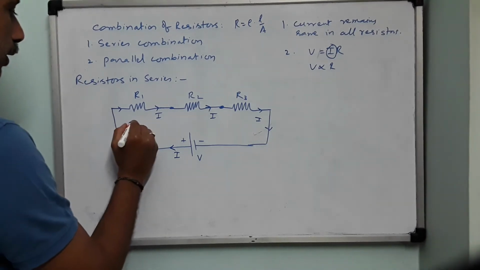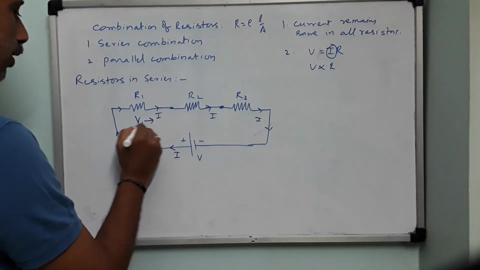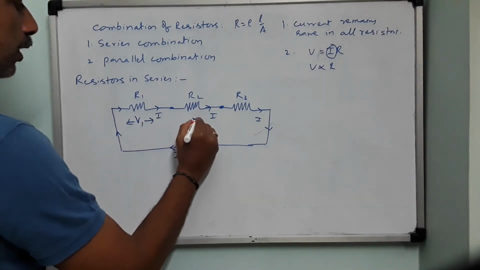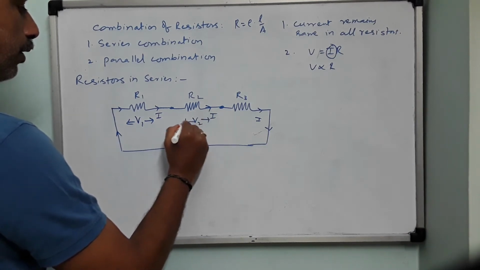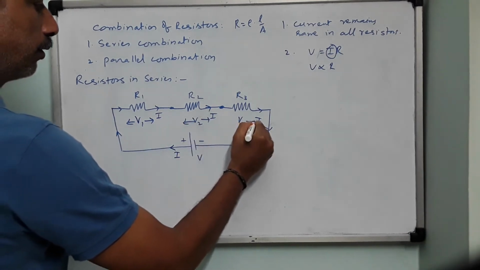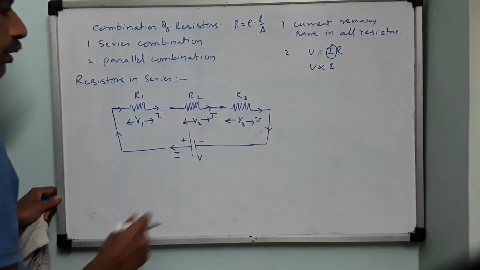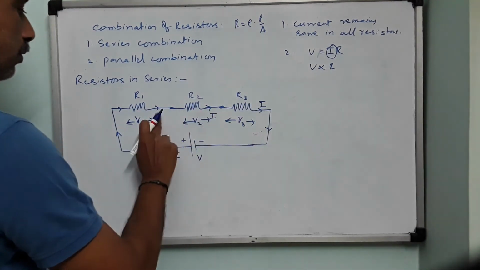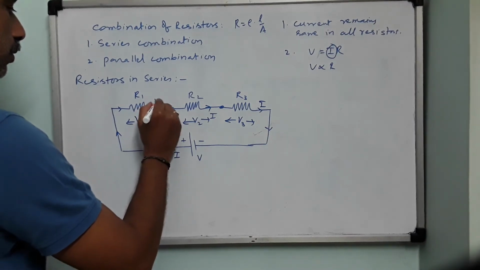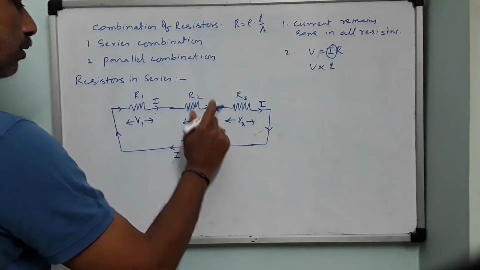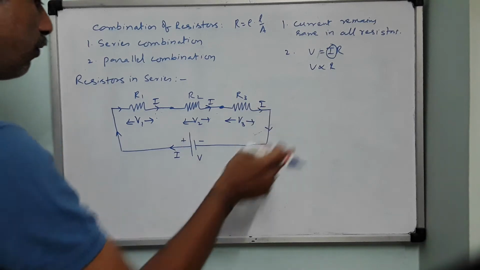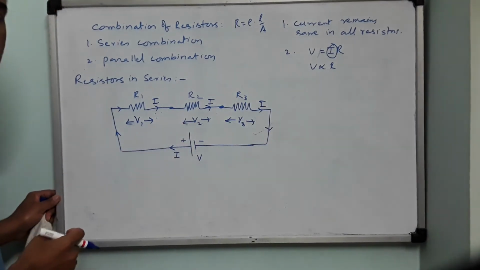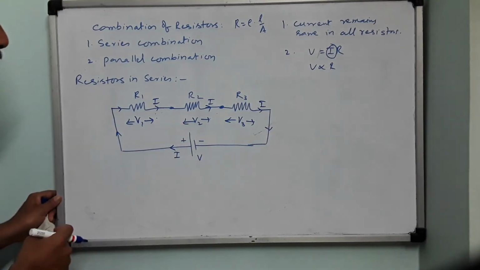Accordingly, these resistors will have different potential differences across them, V1, V2 and V3. So the same current will flow, but the potential differences will be different in the resistors.